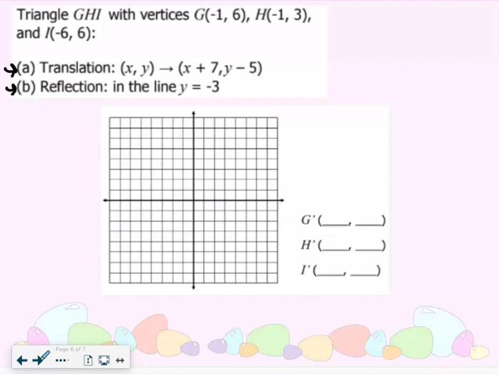So take a moment to graph those 3 points. G is -1, up 6. It's really important that you label these especially, okay?